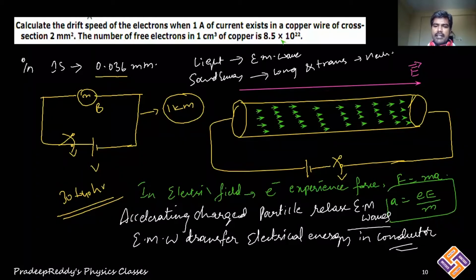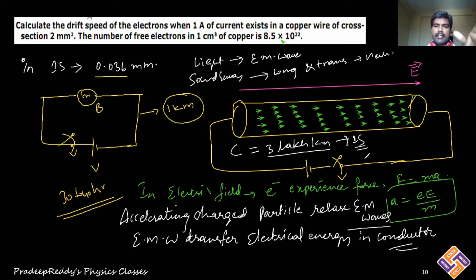That electrical energy is being transferred by the electromagnetic wave, and the speed of electromagnetic wave is equal to 3 lakh kilometer per 1 second. So electromagnetic waves travel with the speed of light, which is the highest speed. No other particle can travel with the speed of light.